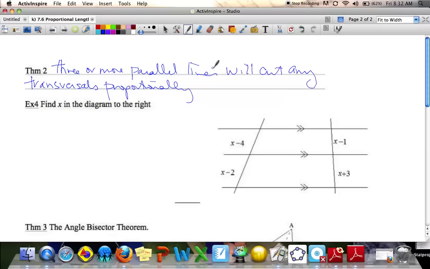Three or more parallel lines will cut any transversal proportionally. So here are some parallel lines, here are two transversals, and so these are going to be proportional.